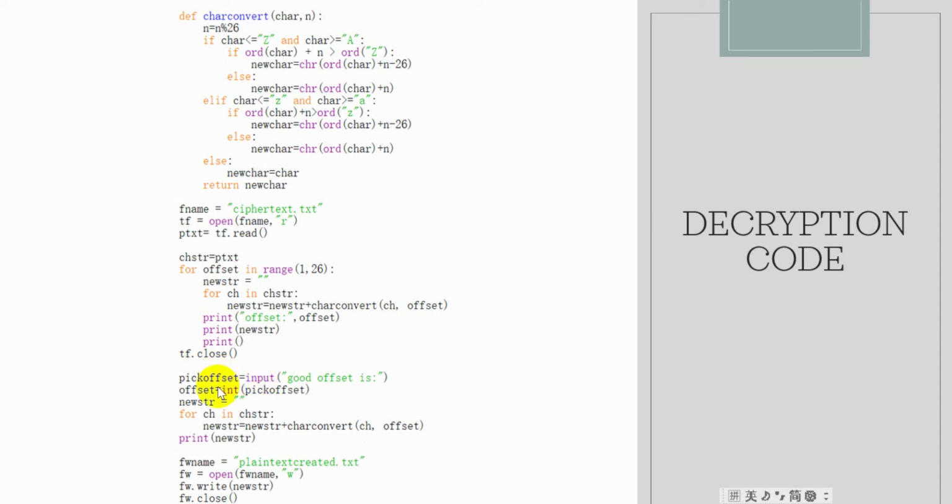It's going to take this number, use it as the new offset that we know is the right one, and generate the plaintext again. Lastly, it's going to print the plaintext. After we have determined the plaintext, we take the plaintext created file in write mode and write our plaintext into it, and then we close the document. It's also going to print plaintext file was created, but it's cut off right now because of the screen recording.